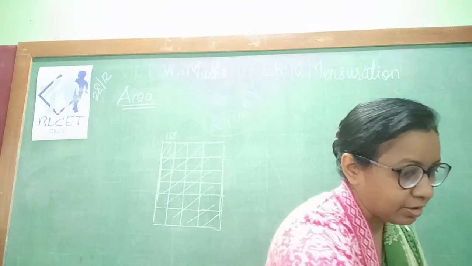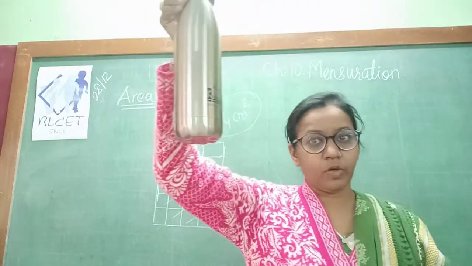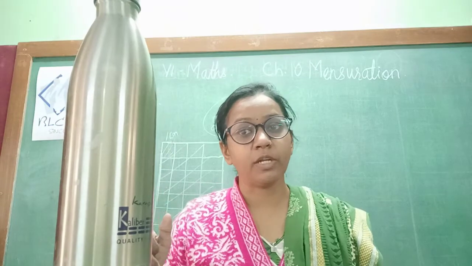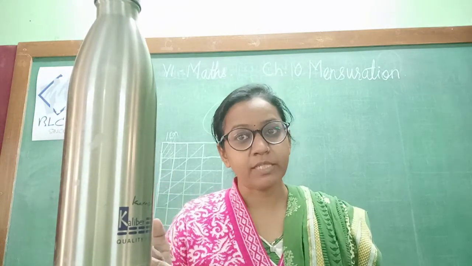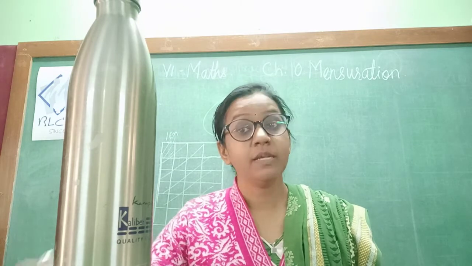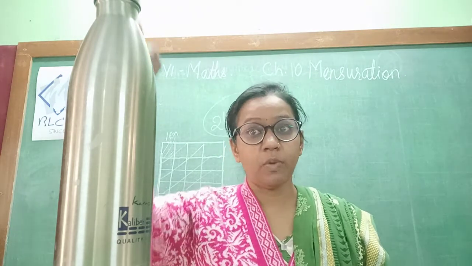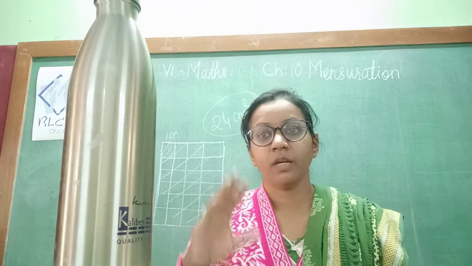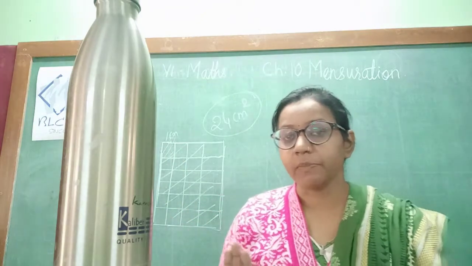Suppose this is my bottle. I am keeping the bottle on the table. So what is the area of this bottle? Whatever region is occupied by this bottle on this table, that is its area, not whatever amount of surface is in the air. That will not be considered.